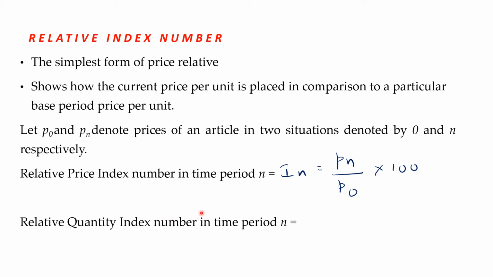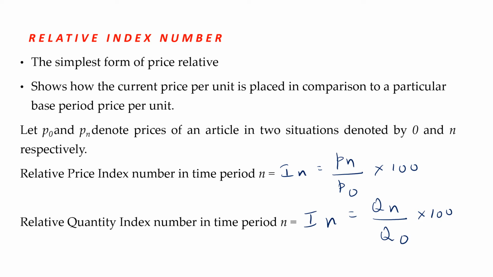Now in place of price, if we want to know the relative quantity index number in time period n, it is calculated as In is equal to Qn upon Q0 into 100.